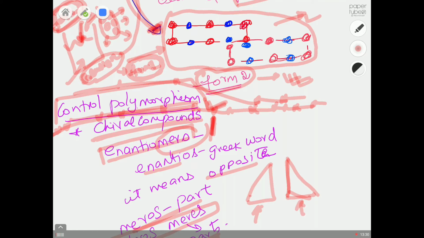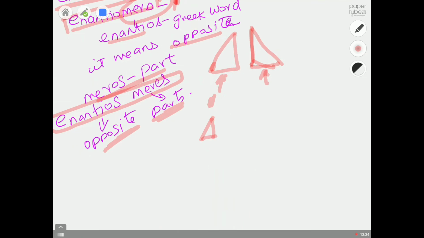And they both can crystallize. Just imagine they crystallize something like that, and then this one will crystallize something like that, and they both will have different crystal structures.